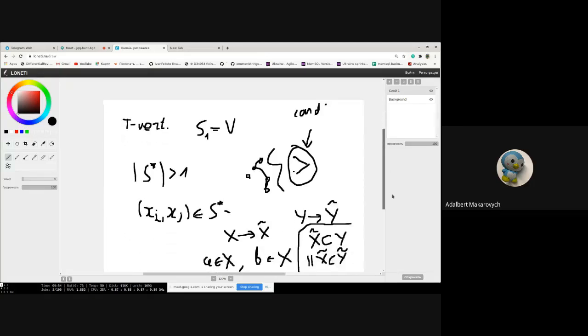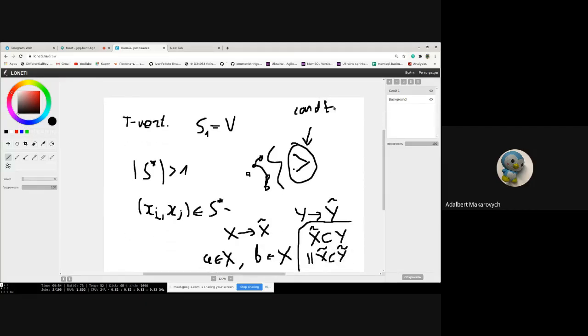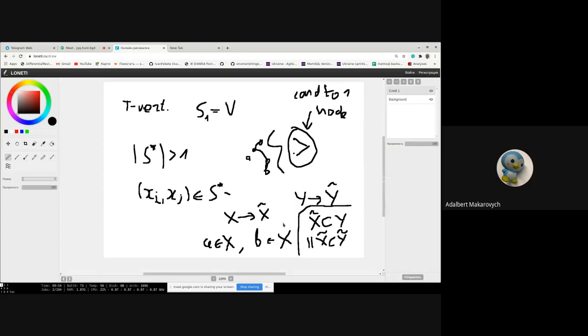So now we'll want to replace our vertex S star with two new vertices. The first vertex will be S star intersected with X, so that's all vertices from S star on one side of the cut, and the second will be all vertices from S star on the other side of the cut. As we said before, all our T vertices are intersections of some cuts.